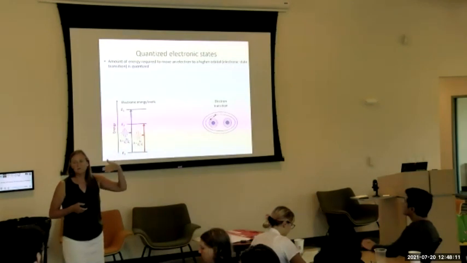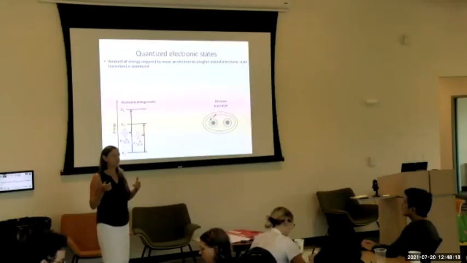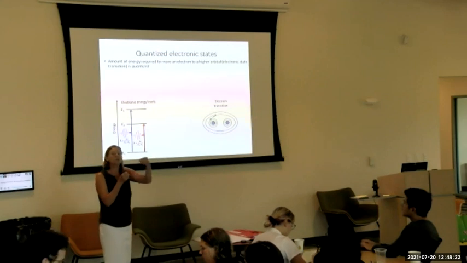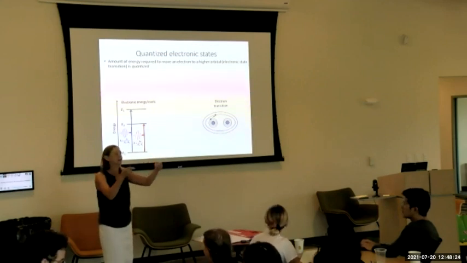What do you mean by quantized? You can't have 10 units of energy if it needs 11. 12 is too much, 9 is not enough, you need 10, right? So you've got to have exactly that amount of energy to move that electron for that molecule in that state.